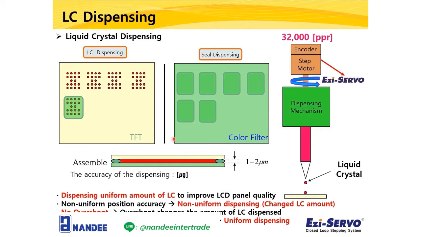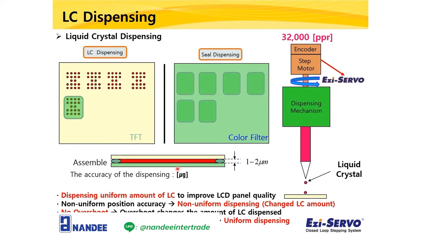For example, when you press the panel with your hands on the TV, that is, when you press the liquid crystal, the pressed part changes color. The reason it changes color is that the liquid crystal is liquid, so when it is pressed, the liquid crystal escapes to the other side and the amount of liquid crystal changes in the pressed part, causing the color to change.